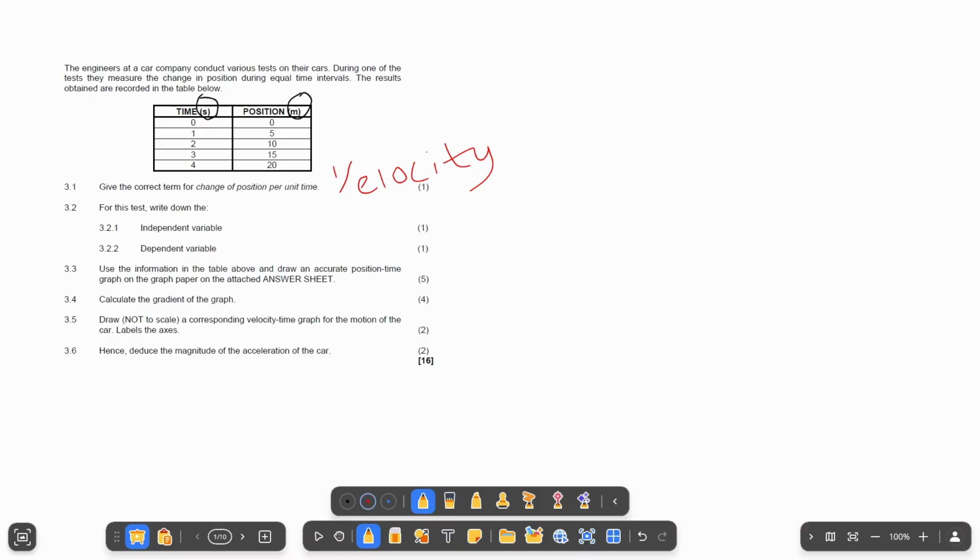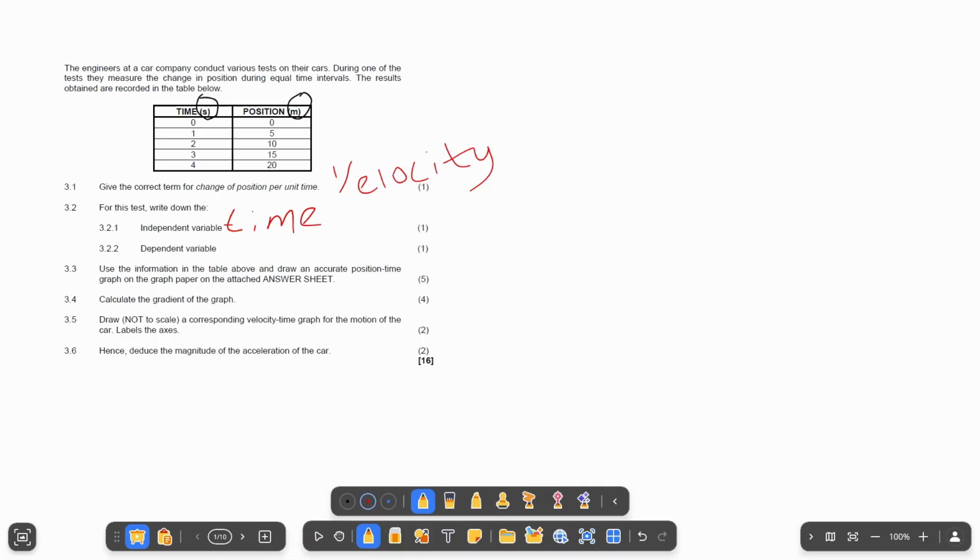Now, number 3.2. For this test, write down the independent variable. Okay, we have only two variables here: time and position. And I must tell you this, always when time is involved, it's one of the variables. Time does not depend on anything. It keeps moving, and therefore it is independent.